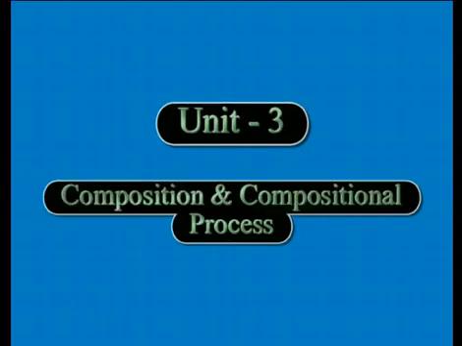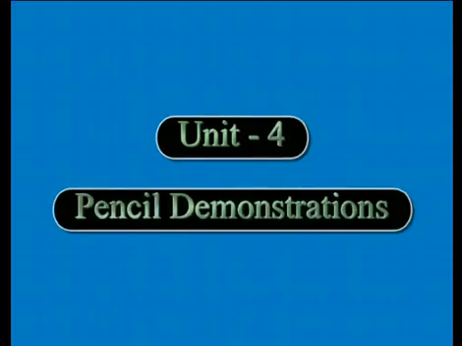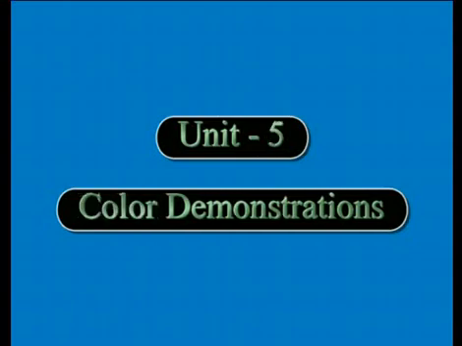In the third, we will study about the principle of composition and the compositional process. In the fourth unit, we will learn still life with pencil demonstration. In the last and fifth unit, we will learn still life with color demonstration.